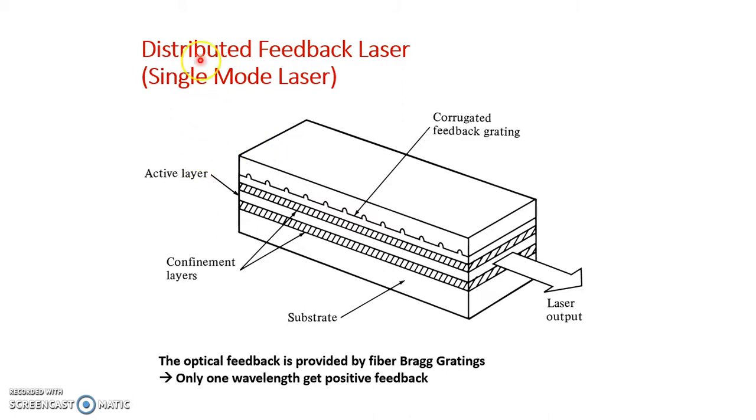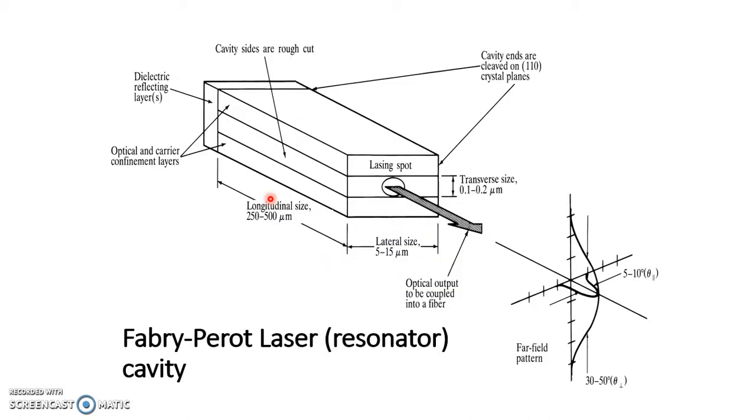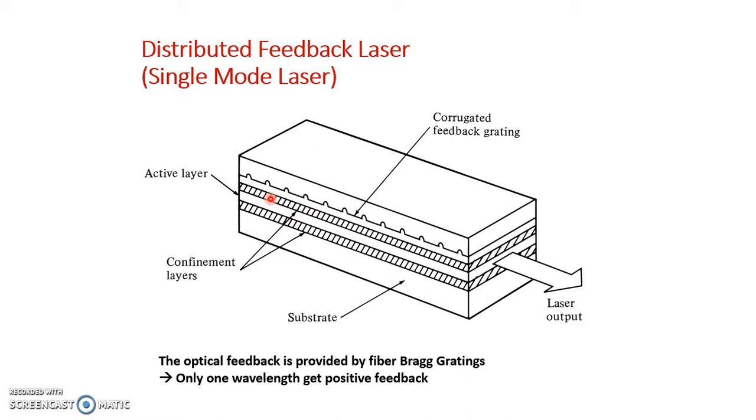And in the second case, the lasing or optical amplification happens mainly due to the change in the refractive index in the structure, which is provided by these fiber Bragg gratings. So based on the type of resonator cavity, you have two types of laser: the Fabry-Perot laser cavity, and the second type is your distributed feedback laser diode.